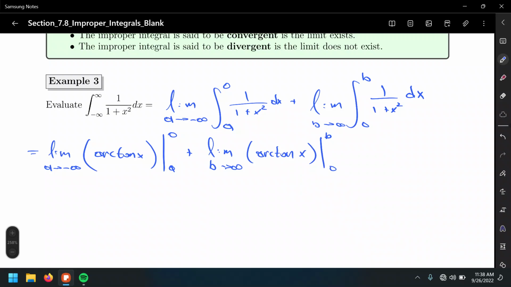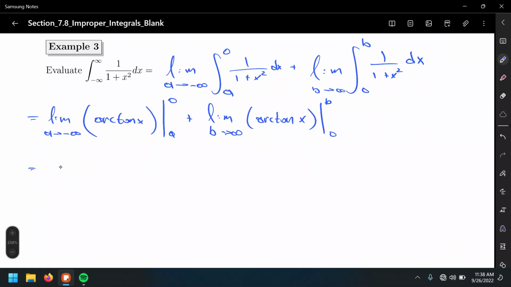So let's use the fundamental theorem of calculus individually for each term in this case. Number one, we still stick to the limit notation. Limit as a approaches negative infinity, and the upper limit, which is 0, that's arctangent of 0 minus arctangent of a, plus, let's do the same with the second term involving the limit as b approaches positive infinity.